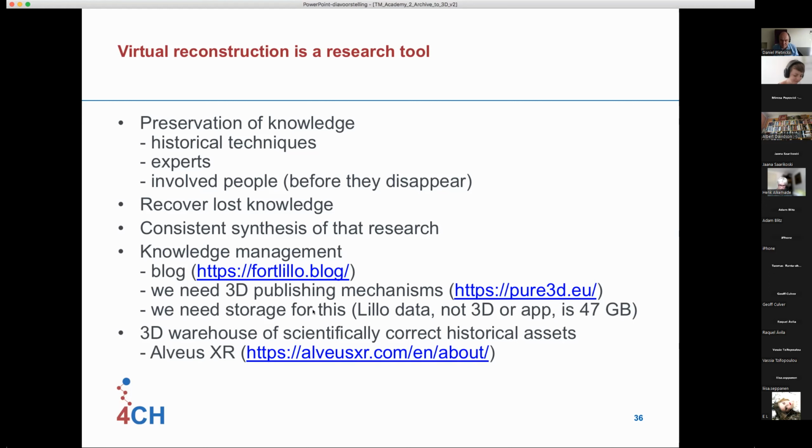Right, and just one final thing, what is also useful in that, if we don't want to reinvent the wheel: somebody else has made scientifically correct historical assets. Can I reuse them? Well, up till now, not really. We have Sketchfab. Sketchfab has a lot of very nice things. There's over 100,000 cultural heritage objects.